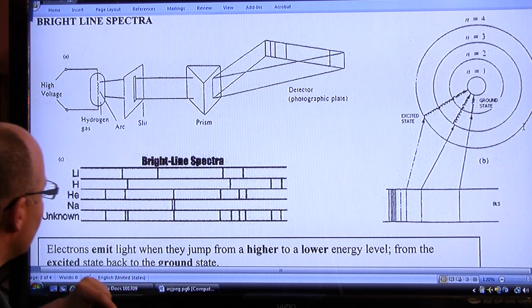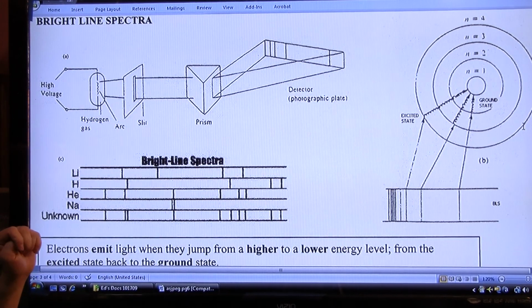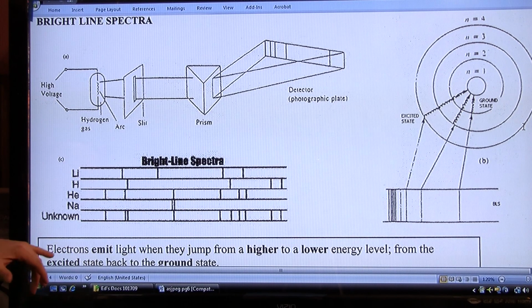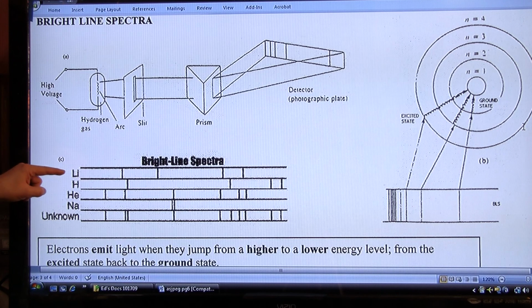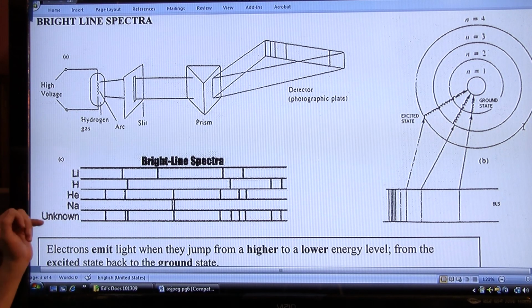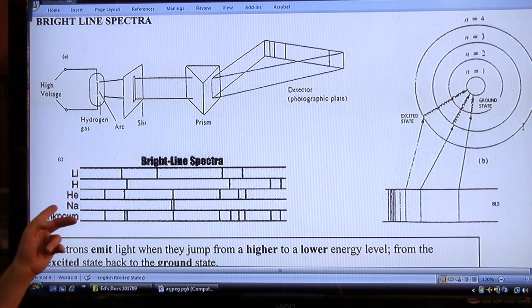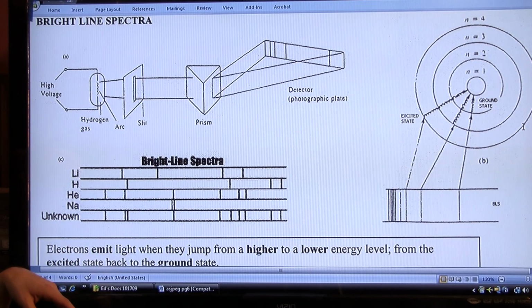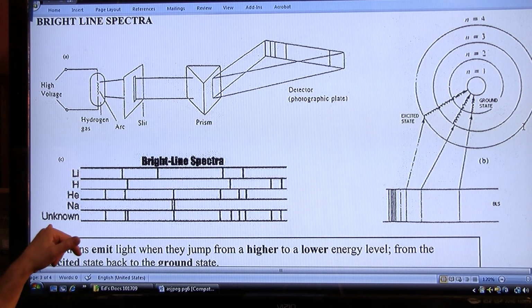And what I have here is a question from old Regents, something like it, where they had the bright line spectra of different elements side by side, so you could see that no two elements have the same bright line spectrum. And so you could identify the components of an unknown by simply matching up the lines.